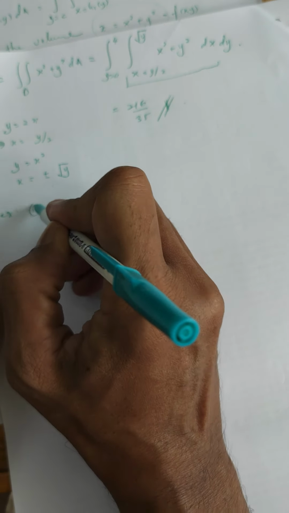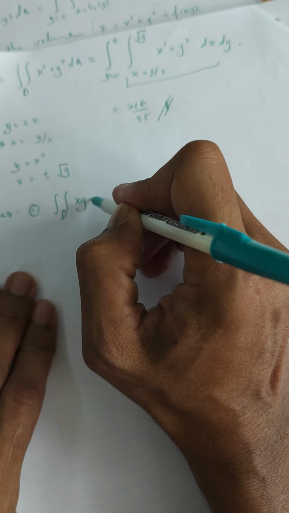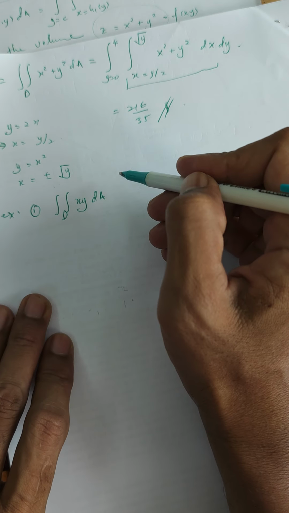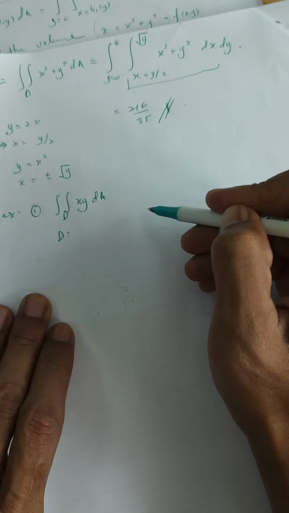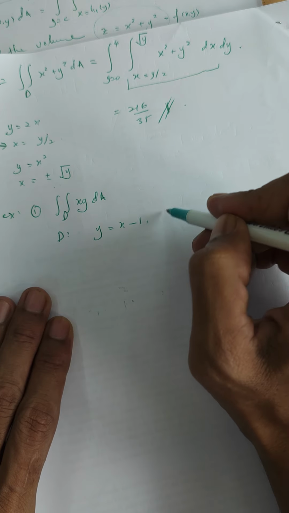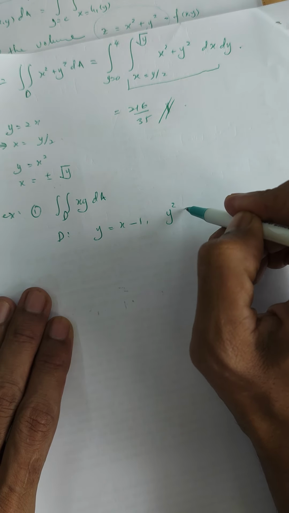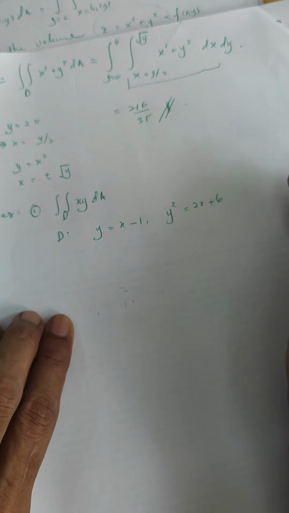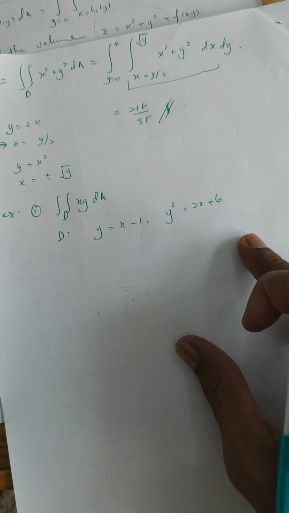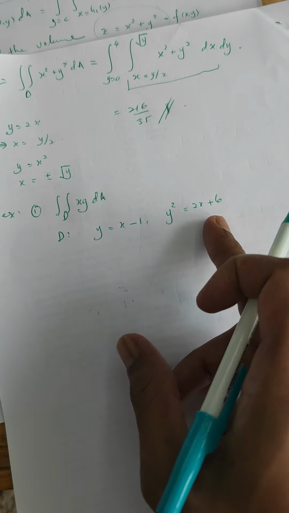We evaluate the double integral over D of xy dA, where D is the region bounded by the line y equals x minus 1 and the parabola y squared equals 2x minus 6. I guess for this case, a type 2 region is much easier than type 1, because with type 1 you need to write y as a square root of 2x plus 6.